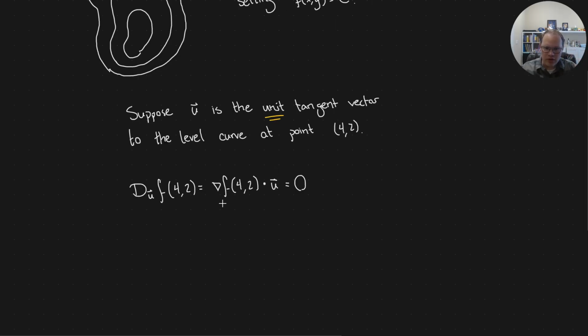What does it mean when the dot product of two vectors is 0? It means that the two vectors are orthogonal, doesn't it? So just to summarize, f is constant along the level curve. So there's no change in this direction.